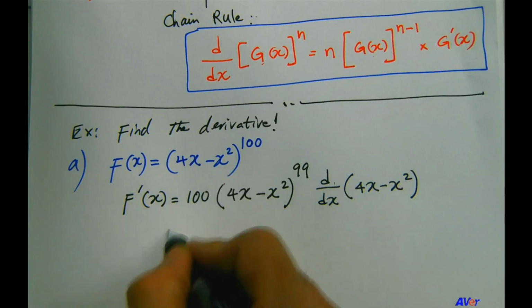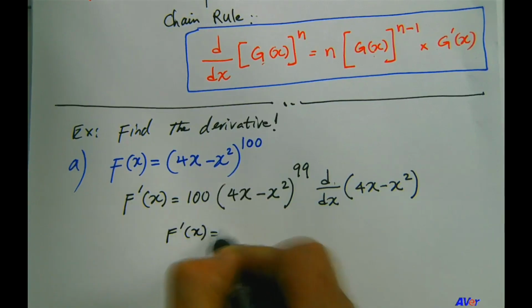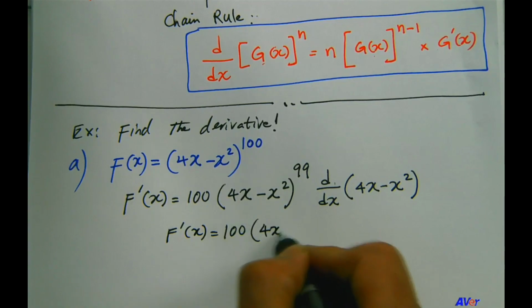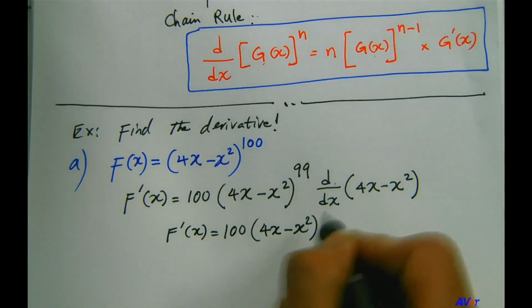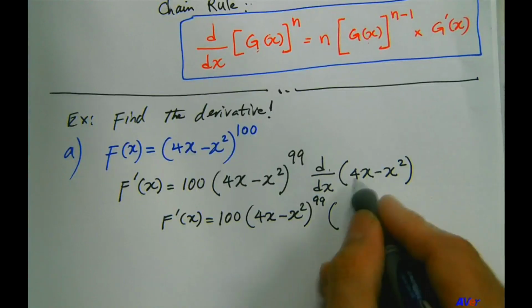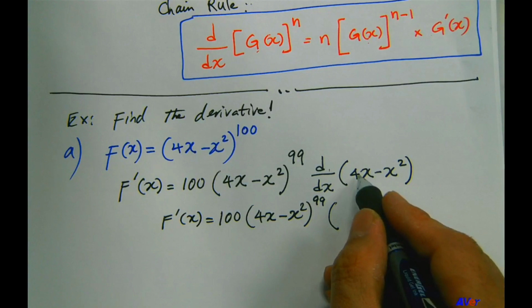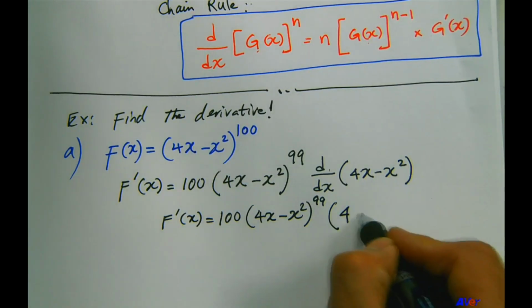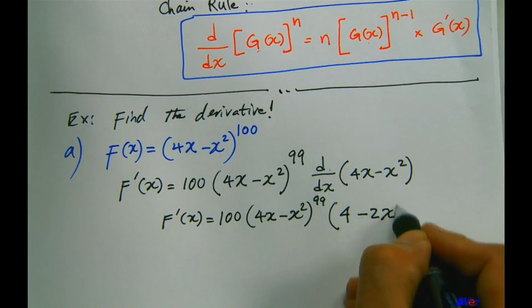Okay, so let's write that out. So f prime of x is equal to 100 times 4x minus x squared to the 99 power. Now we've got to take the derivative of this piece. We know how to do that, right? 4x has derivative 4, minus x squared has derivative minus 2x.